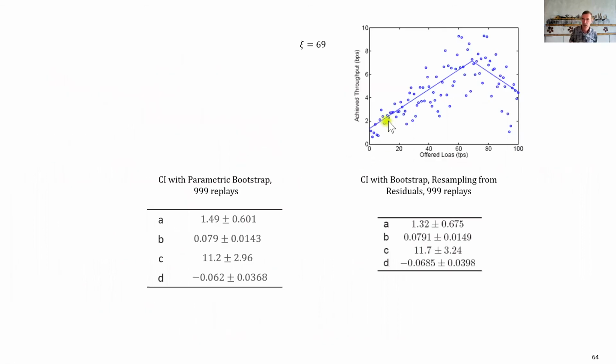Here I did it for this example with the 4 parameters we want to estimate, with the 2 methods, with the parametric bootstrap and with 999 replays here. Here there must be a typo somewhere. It's not 149. The values should be similar. And here we find small differences. So of course, you should not expect identical values.